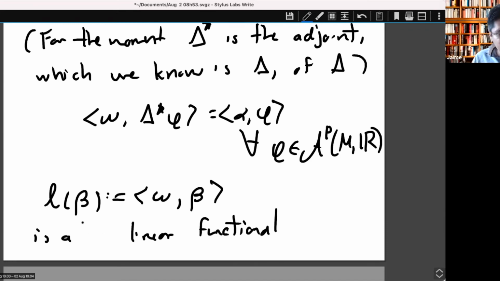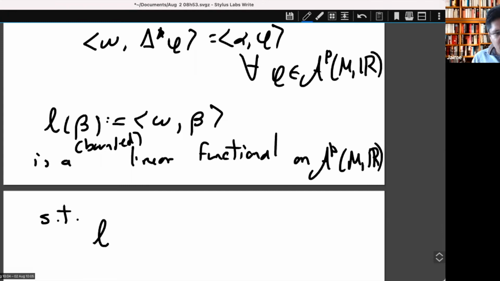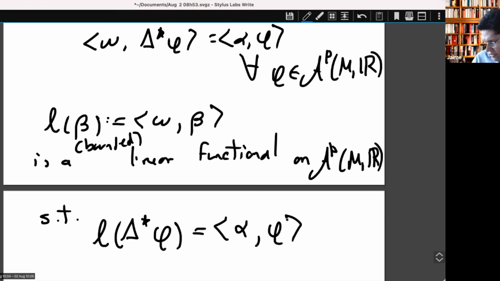Actually, for those who know a little bit of functional analysis, this is a bounded linear functional on the space of P forms, such that when you take, using what I wrote above, the functional of the adjoint of the Laplacian applied to phi, what you get is alpha. Okay.